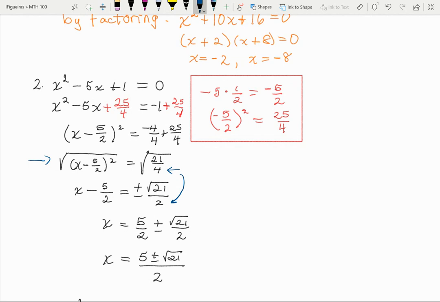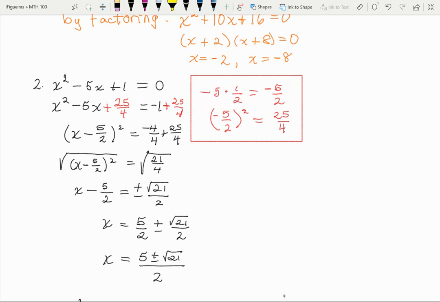Then add 5 halves to both sides of the equation, and you have 5 halves plus or minus root 21 over 2. It can be written like this, or you could write it as a single fraction because they have the same denominator. That's the same as 5 plus or minus root 21 over 2.